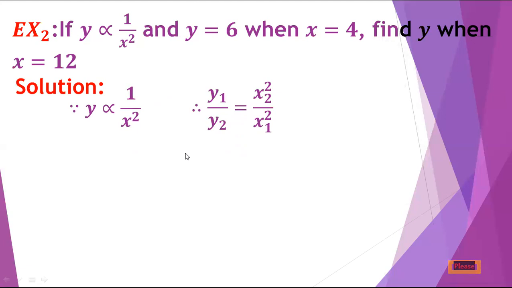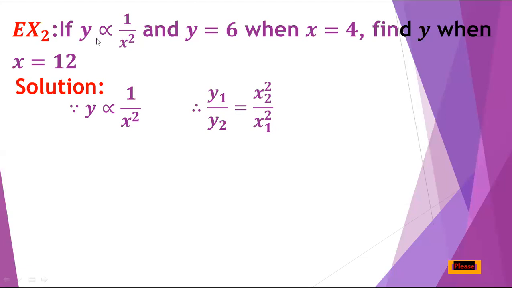Then we can complete here by canceling the sign and putting equals m, and write the value of y and the value of x and write the relation. Also, we can use y1 divided by y2 equals x2 power 2 divided by x1 power 2, power 2 because x here is power 2, not x.